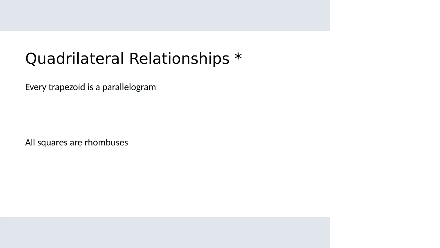All right, here goes. So 2 statements on the page. I'm going to set up a poll. Every trapezoid is a parallelogram. And then the second one is all squares are rhombuses. So those are our two statements there, and I'll set up a poll with this so you can answer true or false.